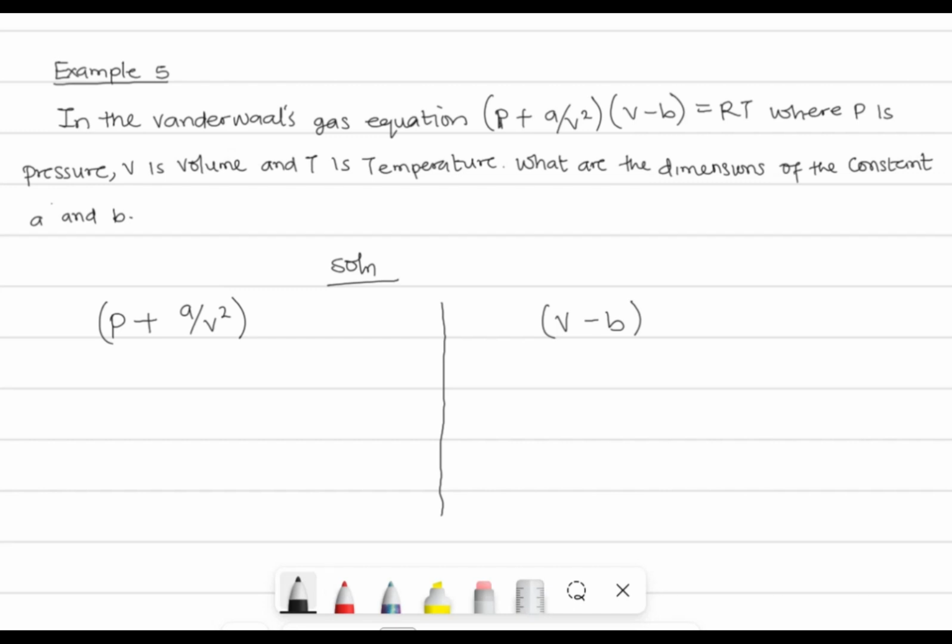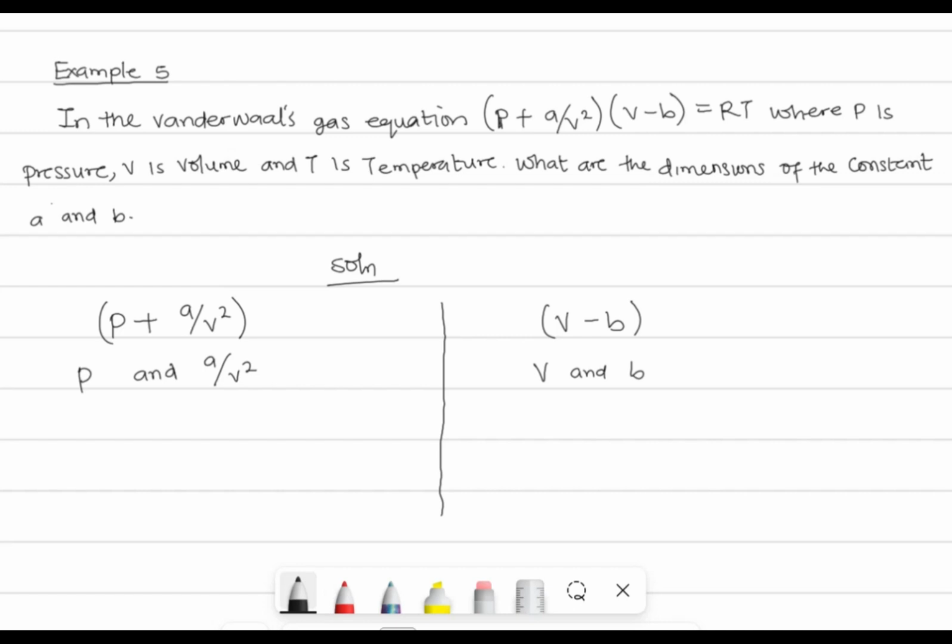It means that P and A over V² must have the same dimension. It also means that V and B must have the same dimension. That's just it. Each of the quantities in that relationship must have the same dimension. That's what we say is homogeneous.